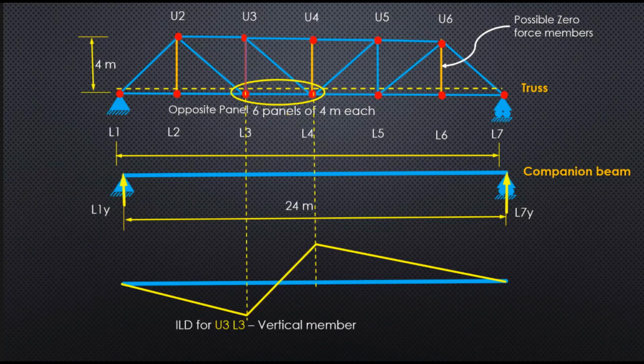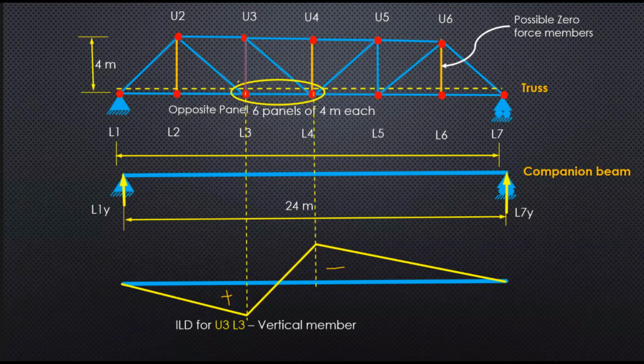Now my vertical member force changes sign, plus or minus. This change does not take place in the chord members because the moment sign does not change, at least in a simply supported system, but the shear force changes sign. So the vertical and web members, since they take shear, vary as the shear force variation in the beam.